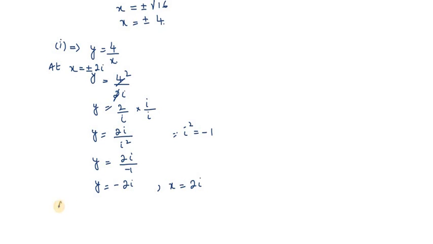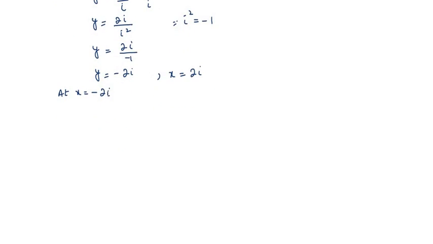And at x is equals to minus 2 iota, we again put the value of x, y is equals to 4 upon x, 4 upon minus 2 iota.